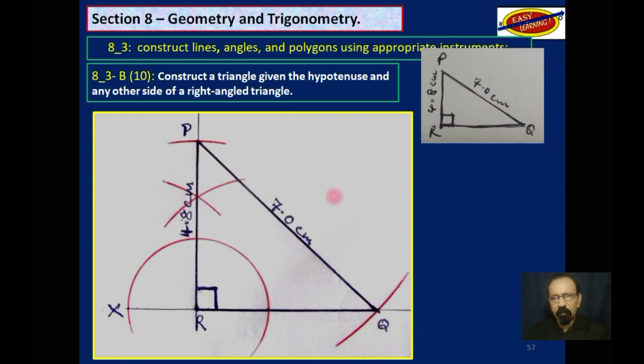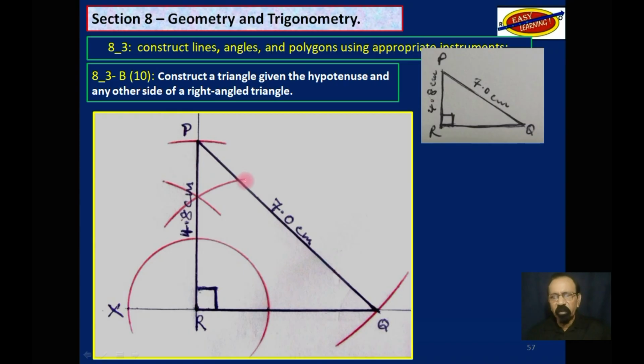Another picture of that same triangle, except in this case, a different method was used to get this 90 degrees. But it doesn't really matter. You get the same right triangle in both cases.